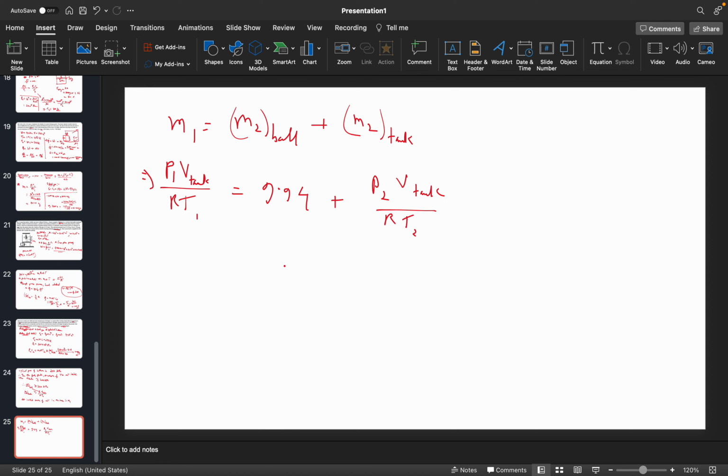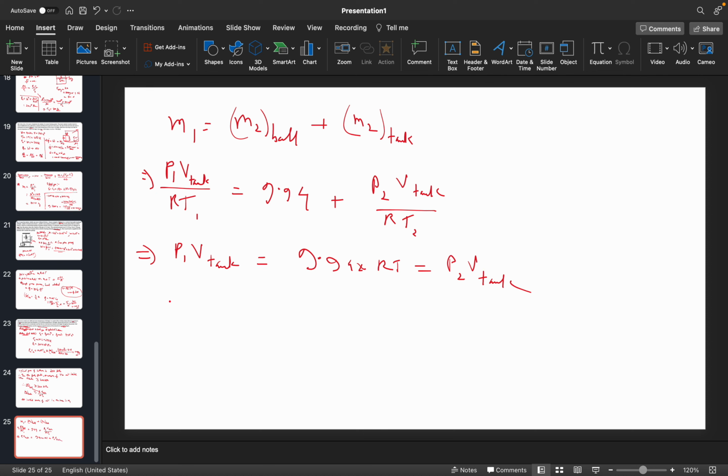RT2. Okay, so V of tank is common, and we know that T1 and T2 are the same, so we can directly write this one as P1 V tank is equal to 9.94 into R into T is equal to P2 V tank.